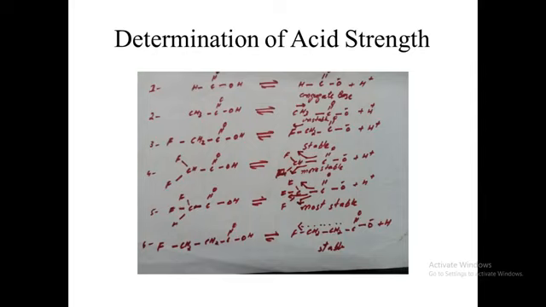In the first and second cases, if you are asked in your exam to compare the acidity of acetic acid and formic acid, your answer will be that in the acetate ion, the methyl group has an electron donating inductive effect.